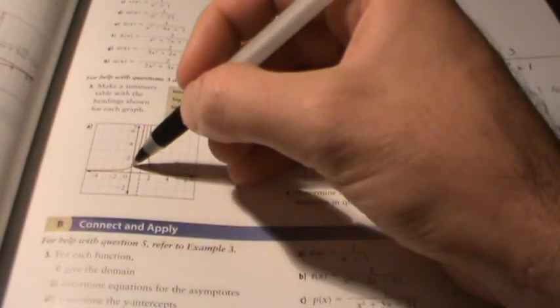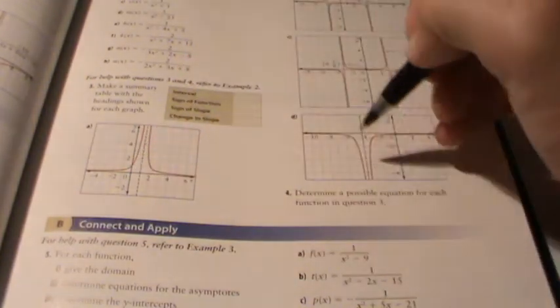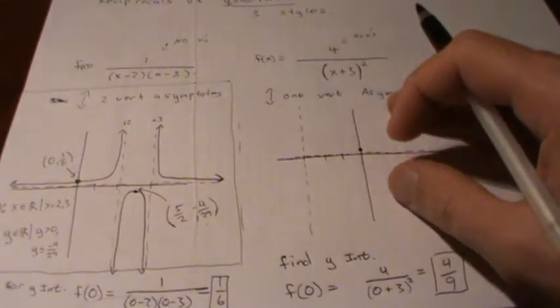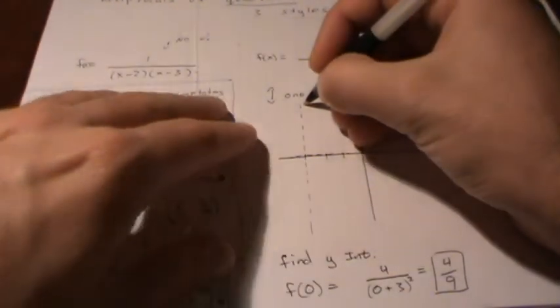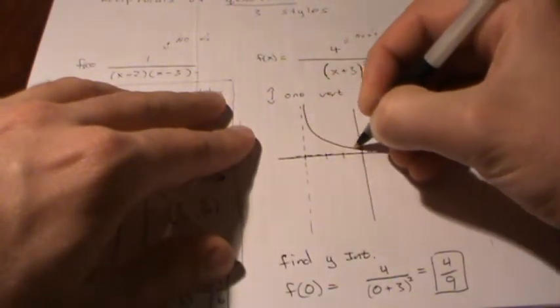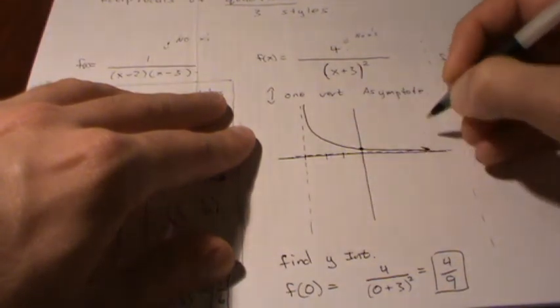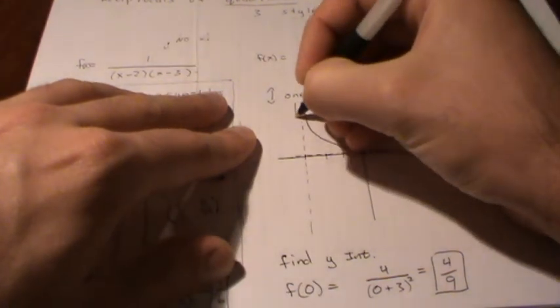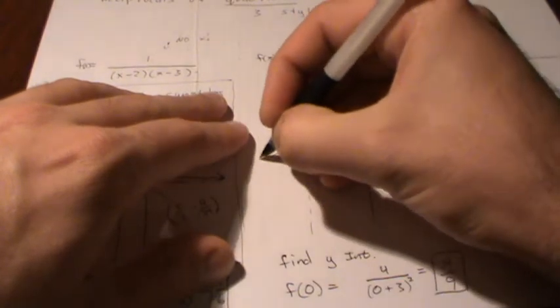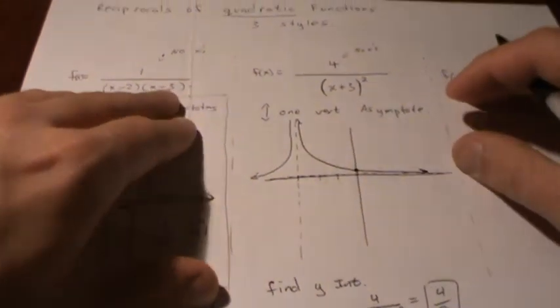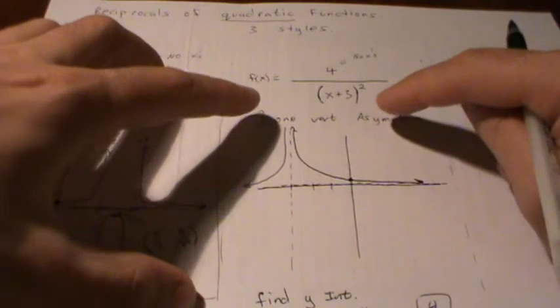In this one, you clearly have a positive y-intercept. And so you choose which one it is. Okay? And so this one is going to be one of these guys. Okay? And one of those. Alright? And so this is the graph of this.